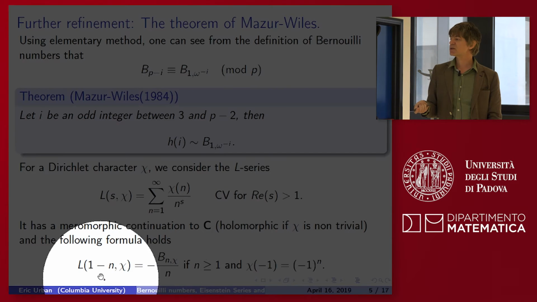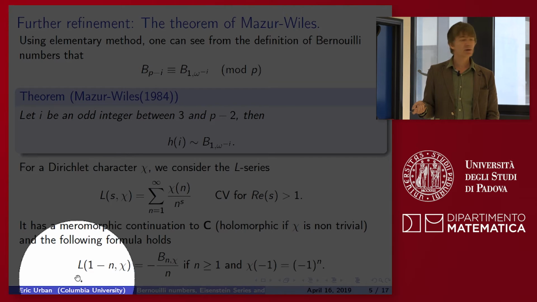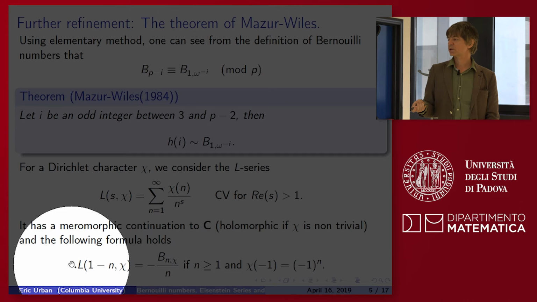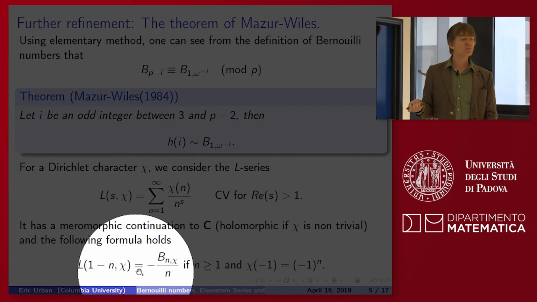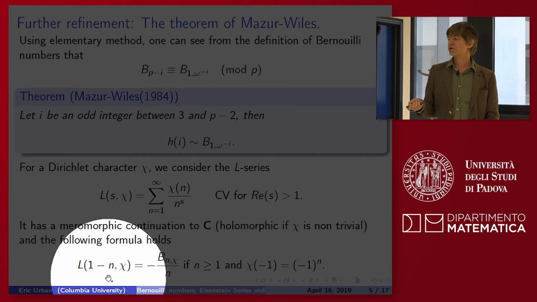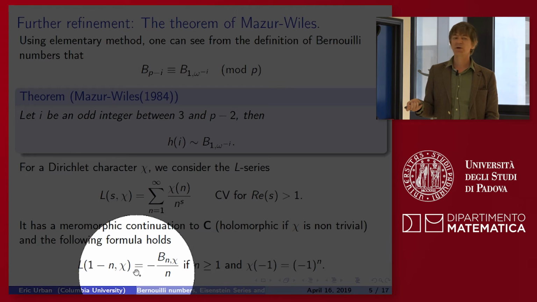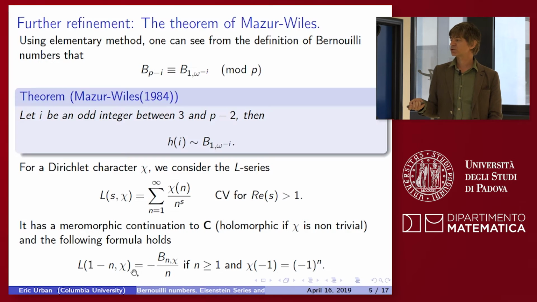And you can see that the value at 1 minus n is actually an algebraic number when chi is non-trivial, and a rational number if chi is trivial. And you have the following formula: the value at 1 minus n of this L-function is given by this generalized Bernoulli number. Okay, and so you have these conditions here.